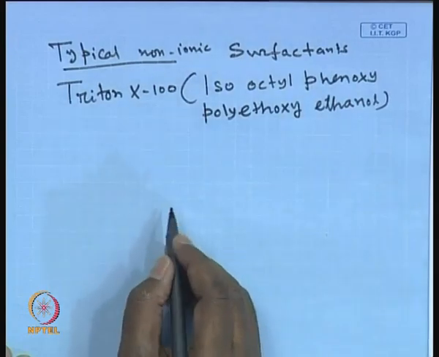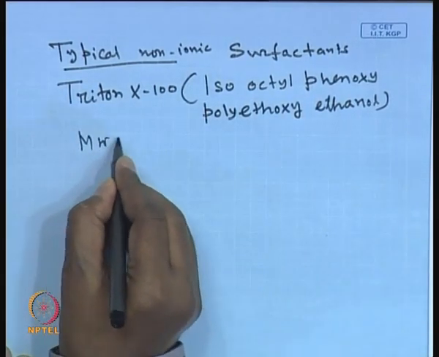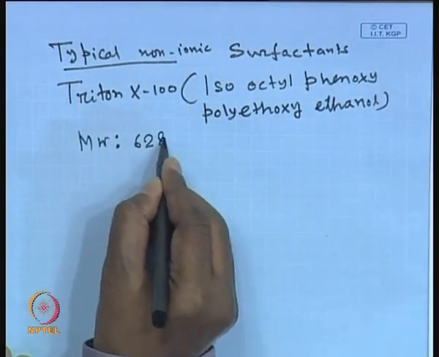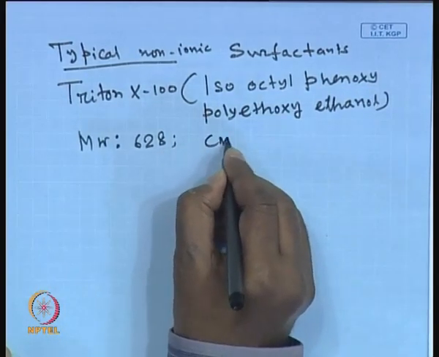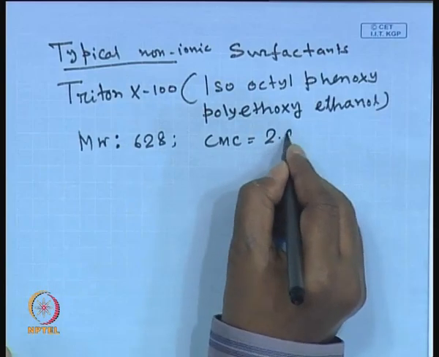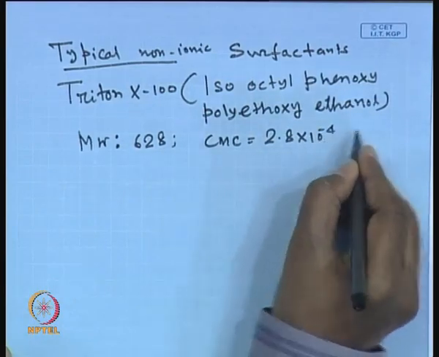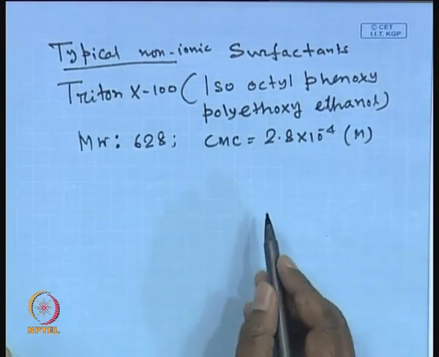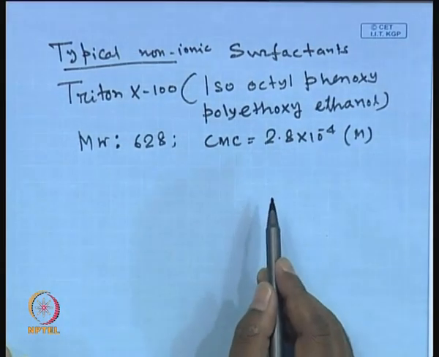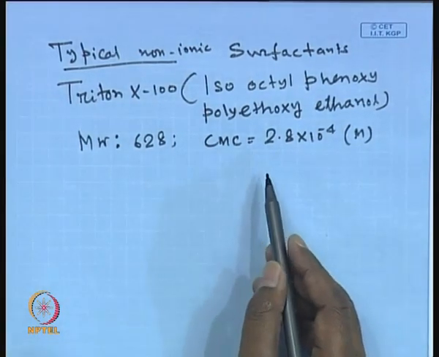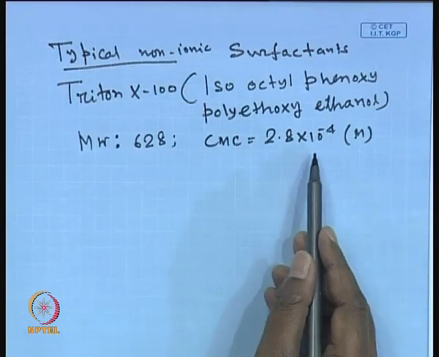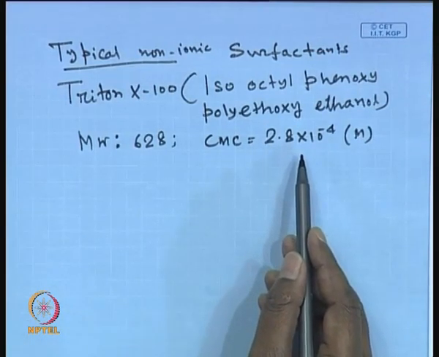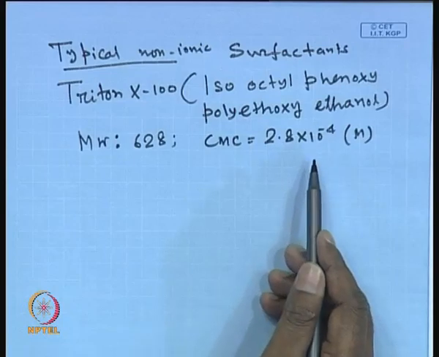It has a typical molecular weight of 628. It has a CMC which is extremely small, 2.8 into 10 to the power minus 4 molar. That means, if you add the Triton X100 surfactant to the aqueous solution such that its concentration just goes beyond this value, 2.8 into 10 to the minus 4, you see it is so small, in the order of 10 to the minus 4 molar.